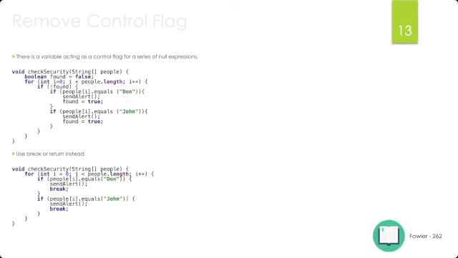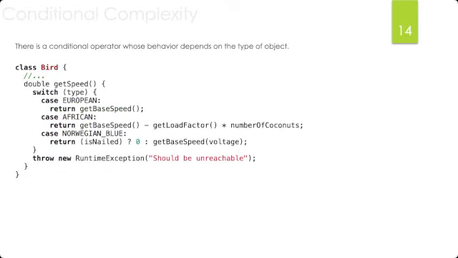The next example of conditional complexity. Here I have the class Bird, and here I have a switch statement with some cases. And in every case I check the type of my bird. I can have European or African or another bird, and some behavior depends on the type of my bird.